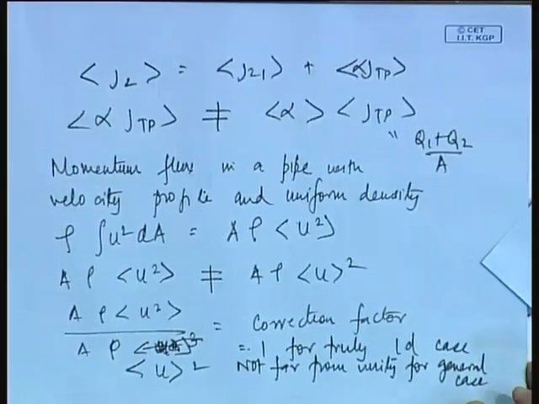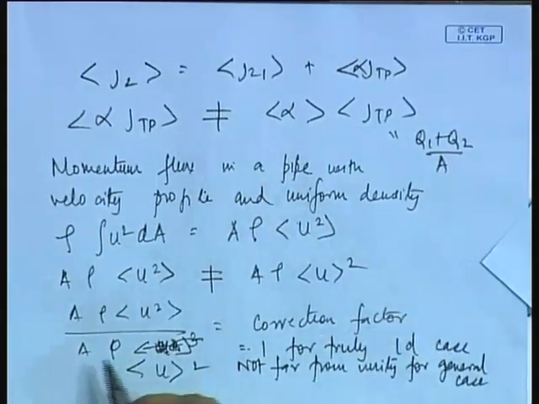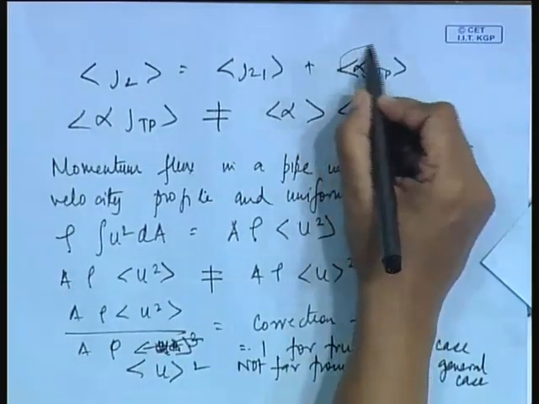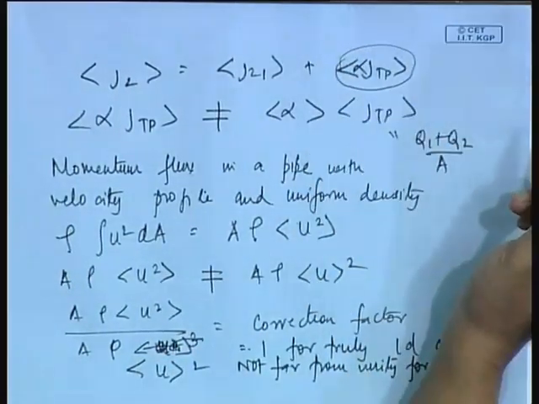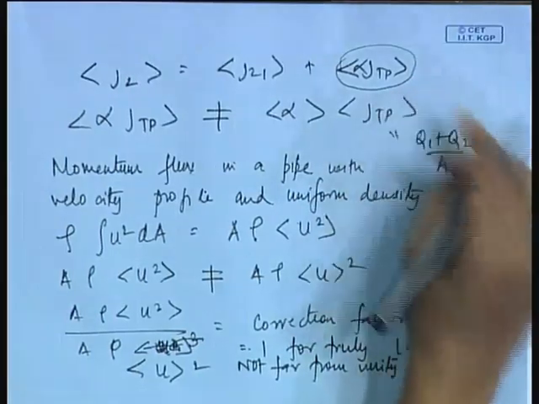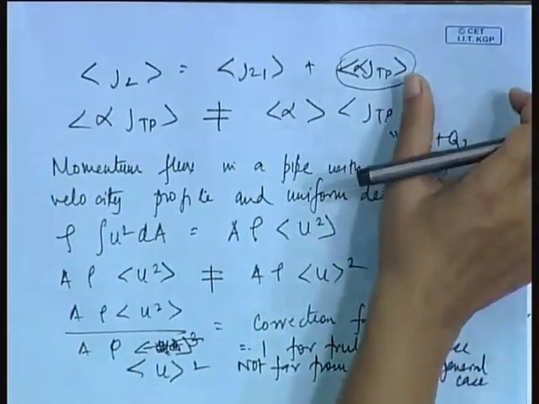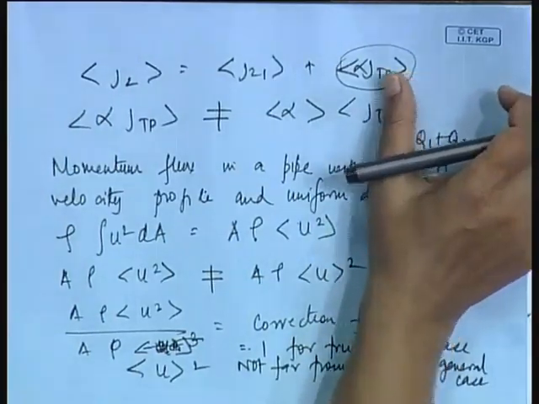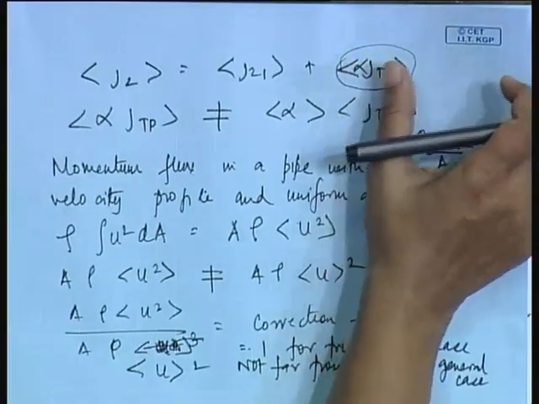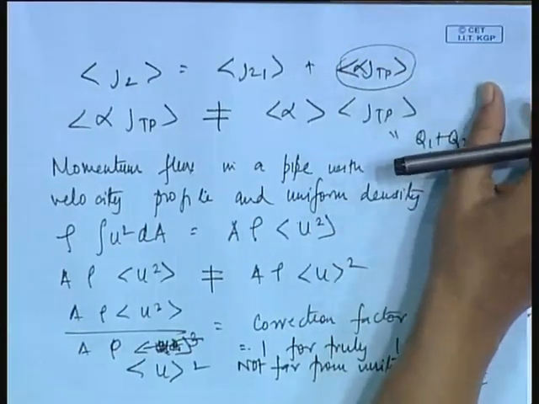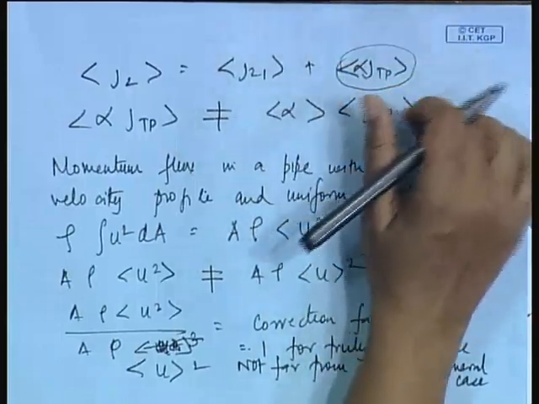Similarly, a similar approach was taken for this particular term here, this alpha JTP. Instead of alpha JTP, if we can replace it as alpha averaged, JTP averaged, into a correction factor, then the situation becomes simpler, provided the correction factor equals unity for truly one dimensional case and is not far removed from unity for the general case.